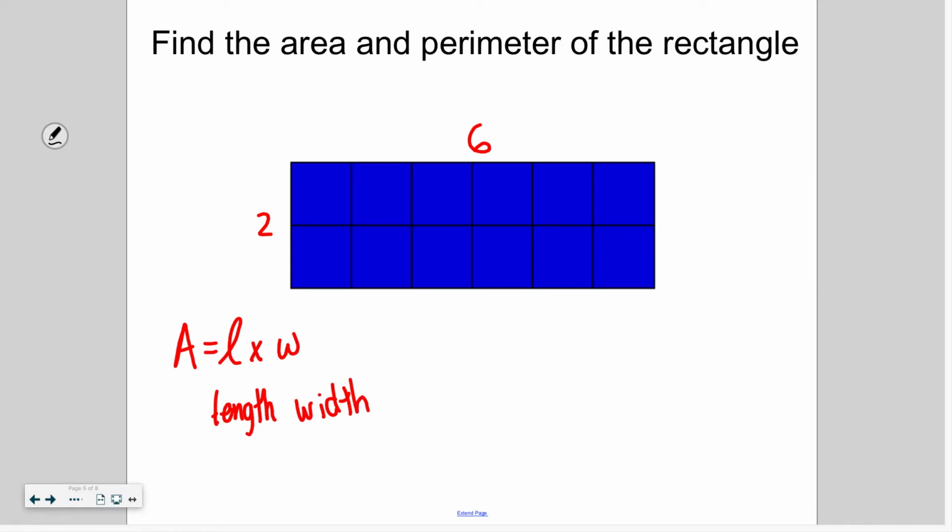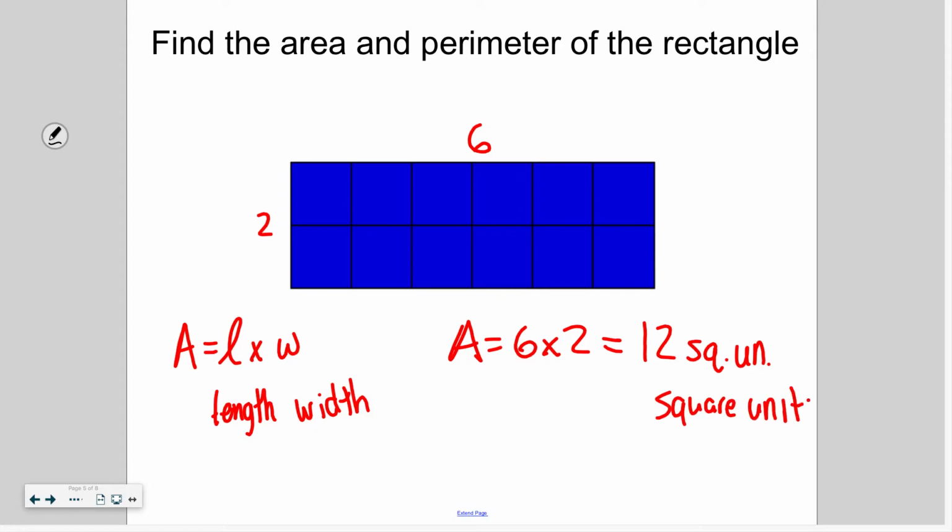So that would mean that the area of this rectangle would be 6 times 2, which is, let's see, 2, 4, 6, 8, 10, 12. 6 times 2 is 12. So this specific rectangle is 12 square units. SQ stands for square. If I wanted to write out the whole word, I would write square units, but I abbreviated SQ.UN.